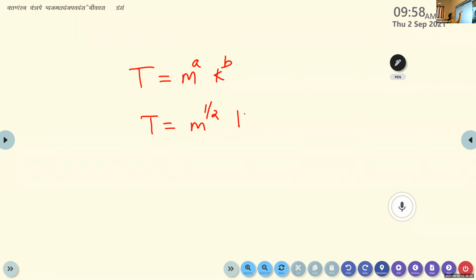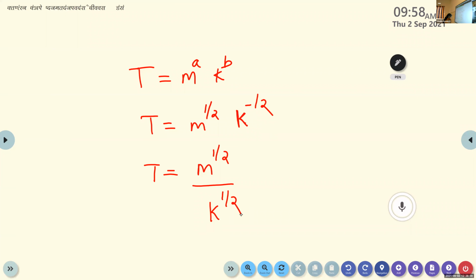What is the value of b? k raised to minus 1 by 2. So T is equal to m raised to 1 by 2, k raised to minus 1 by 2. How can we represent k raised to minus 1 by 2? We can take this term k to the denominator, then it becomes positive 1 by 2.